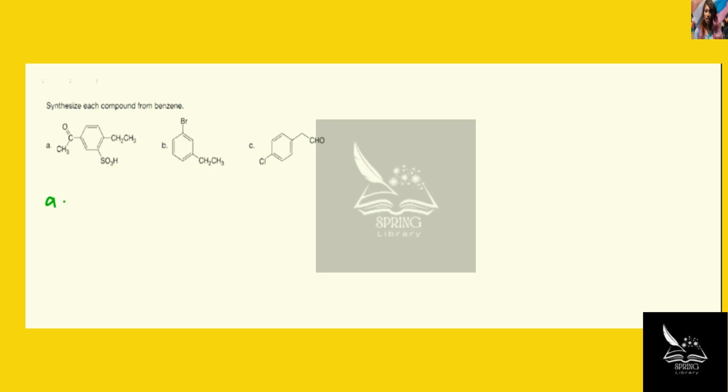So while making, starting from benzene, you have to see the nature of the group present in the product, and whether they are meta-directing or ortho-para-directing, and accordingly you will decide the priority, how to introduce and at which step.